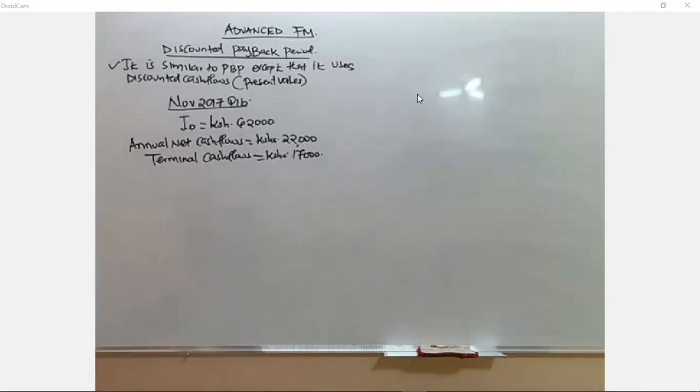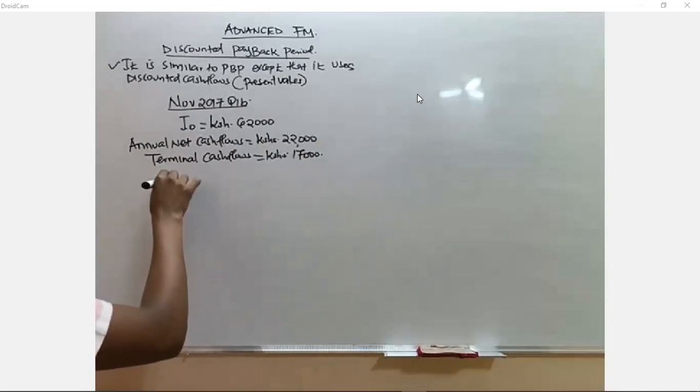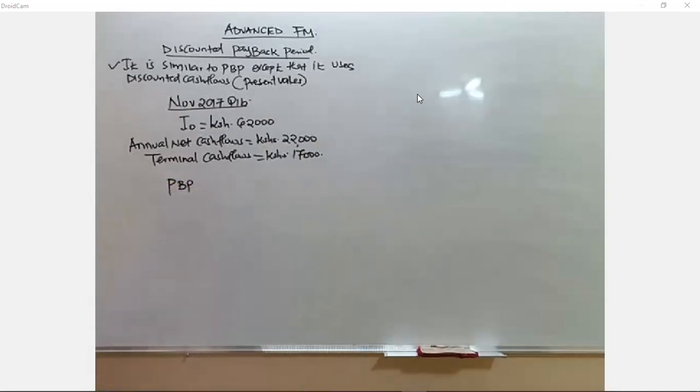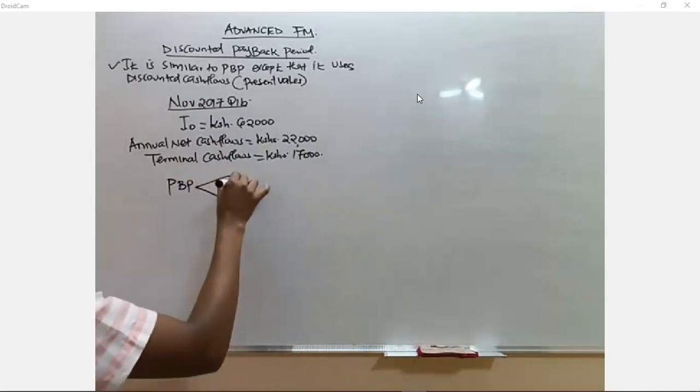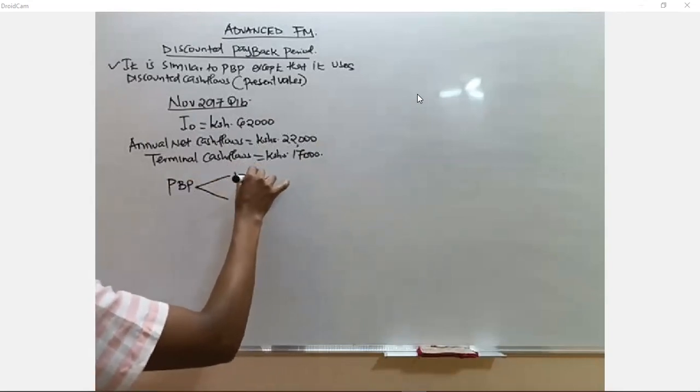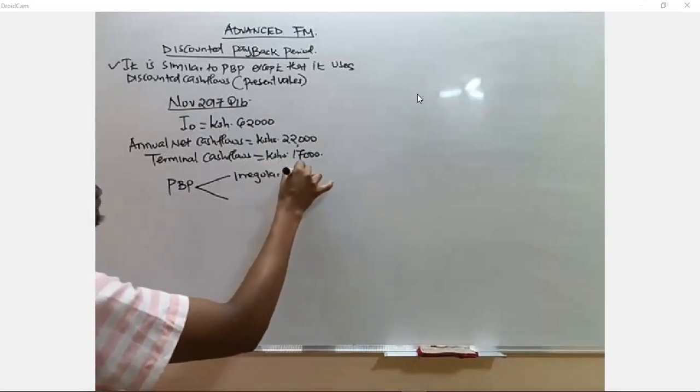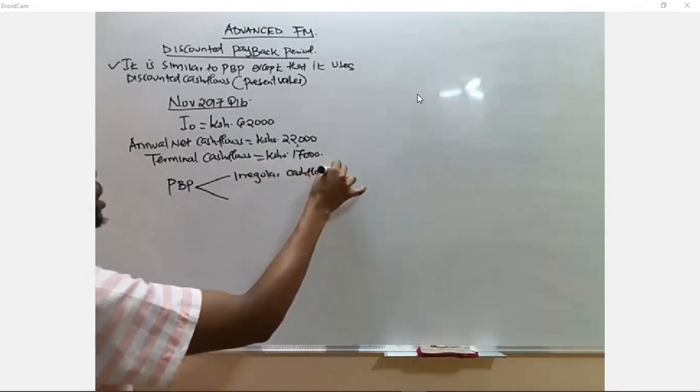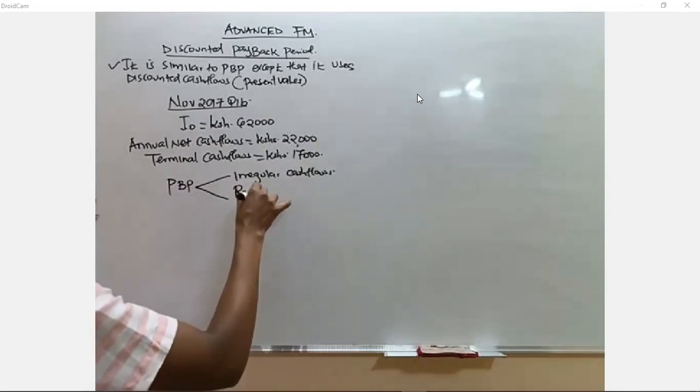So in this case, if for instance I want to determine the payback period, right? We said we normally deal with 2 types of cash flows: irregular cash flows and regular cash flows.